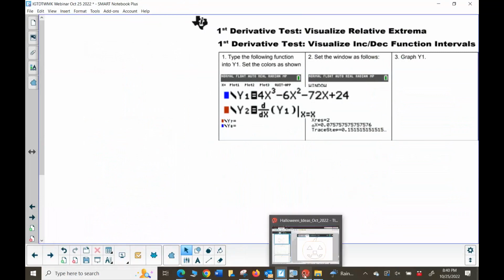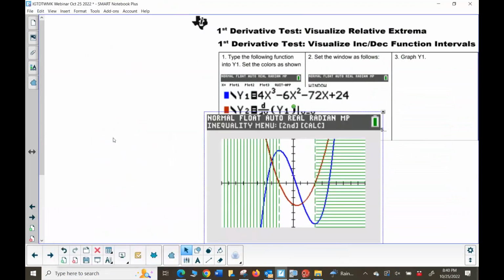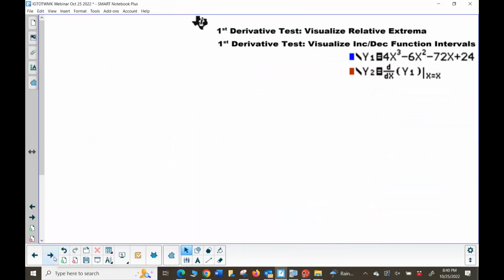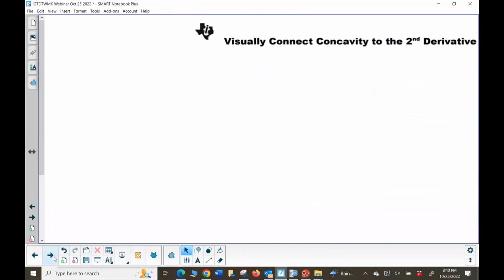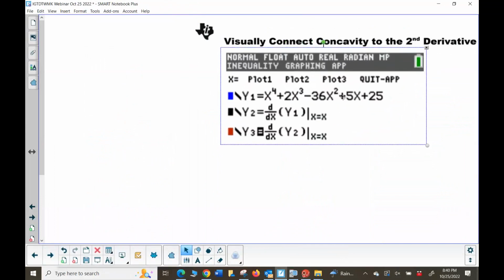As far as the second derivative goes, I'm not going to go through the whole thing on that, but I do want to illustrate it. I did pre-do it here. So here, if you look on my screen, we have the functions in blue, the first derivative's in black, and the second derivative, which is the derivative of the first derivative, is going to be in red.